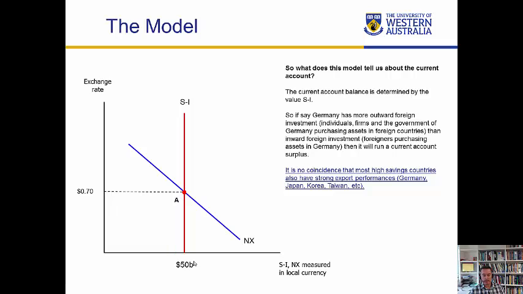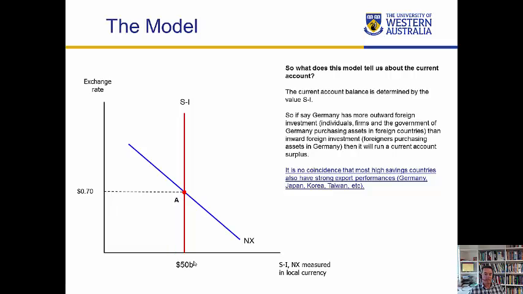But the US will be in the opposite situation. They will be selling more and more of their assets to countries such as Germany as they absorb the money coming in, and they will be running trade deficits, importing more from countries like Germany than they are exporting.